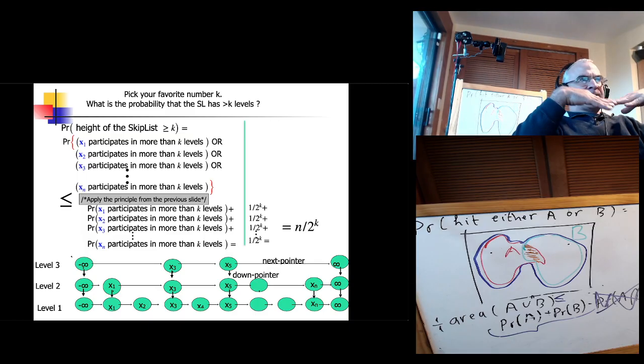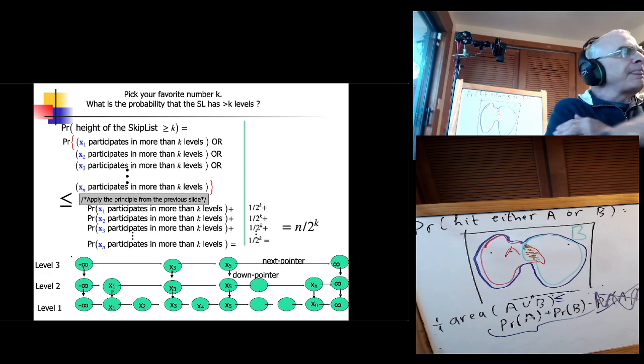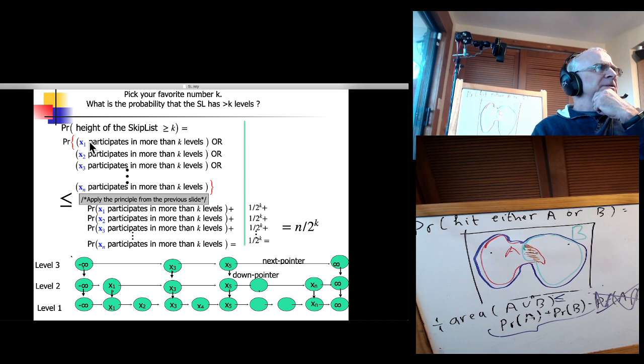If the skip list has height of 17, it's because at least one of the elements, one of the keys, wants to participate in 17 or more levels. If all of them want to participate in fewer than 17, the height of the skip list is less than 17. Right? Kind of obvious, right? Somebody wants to be so high. So how could it be that the height of the skip list is larger than or equal to k? I'm sorry, typo, it needs to be strictly larger.